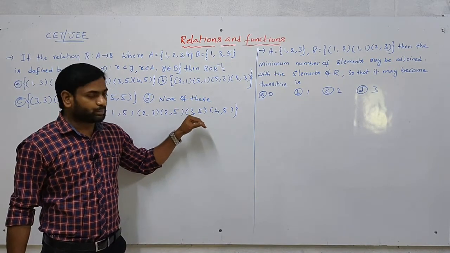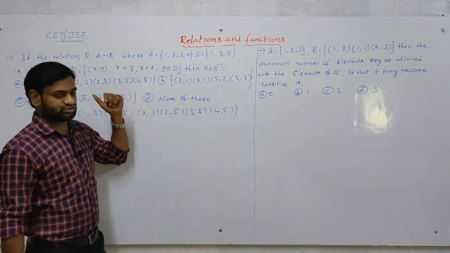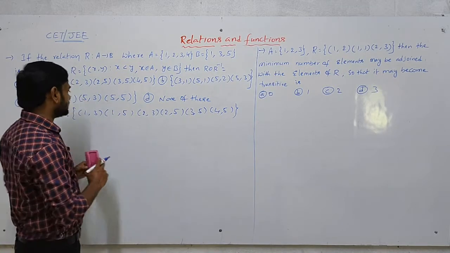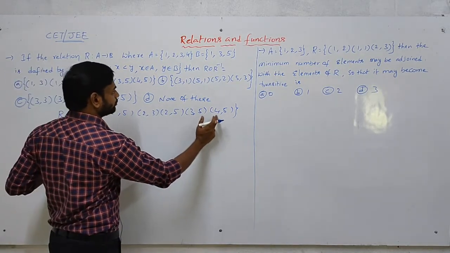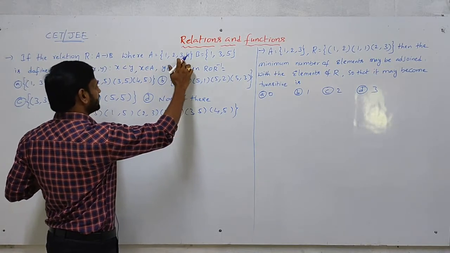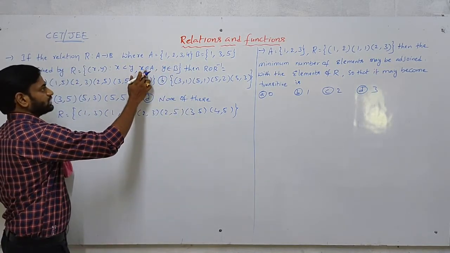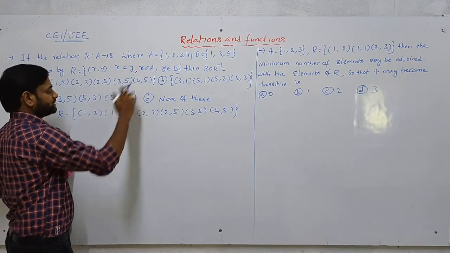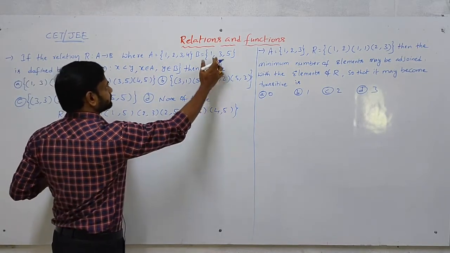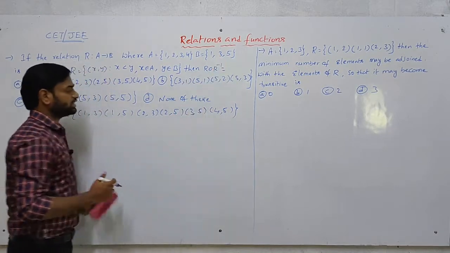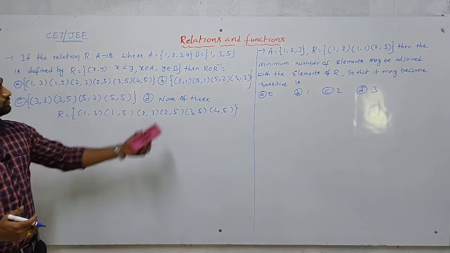So every ordered pair satisfied this condition. In this one, the first elements 1, 2, 3, 4 belong to capital A. Next, the second elements 3, 5 belong to which one? B.